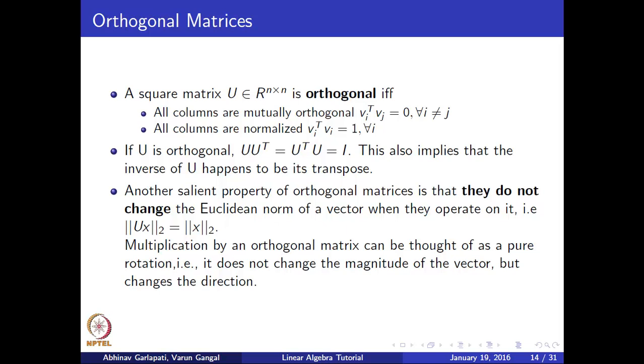An additional interesting property is seen when we multiply an n cross 1 vector x by an n cross n orthogonal matrix U. The Euclidean or L2 norm of such a vector x remains the same on multiplication by U. Intuitively, we can understand this as orthogonal matrices U performing only pure rotation on multiplying the vector x. In other words, they only change the direction of a vector but do not change its magnitude.